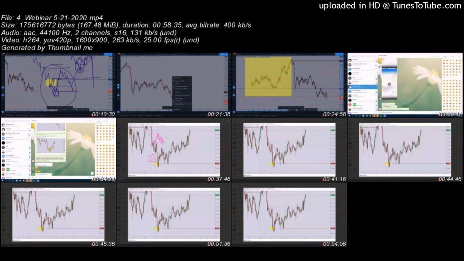So if we have a downtrend and we get a strong impulsive move, that tells us the trend has shifted if we break the previous lower high and lower low.